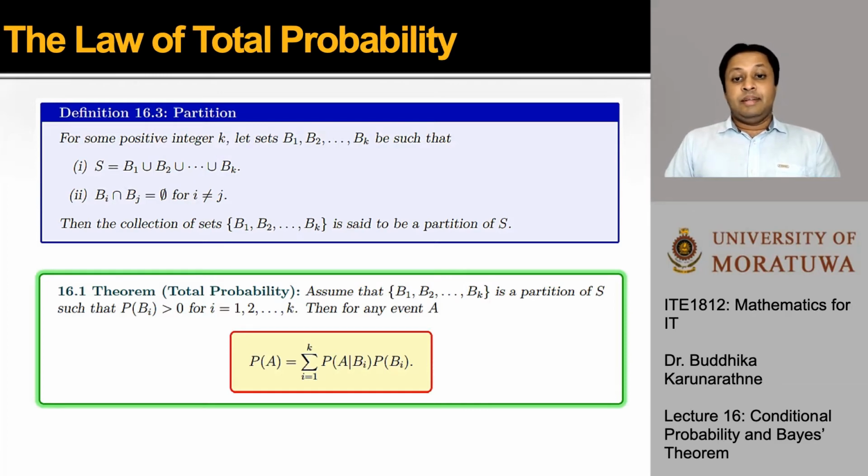Then for any event A, we can write P(A) equals the summation from i equals 1 to k, P(A given Bi) times P(Bi). So this is the relationship or the theorem of total probability. So for any event inside this sample space, you define the total probability of A as this relationship.